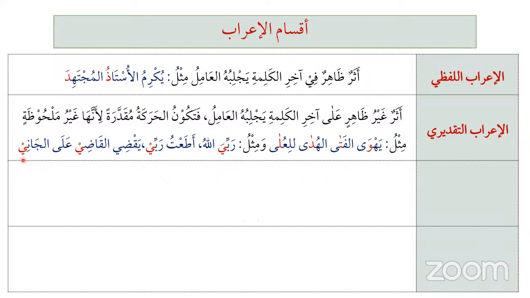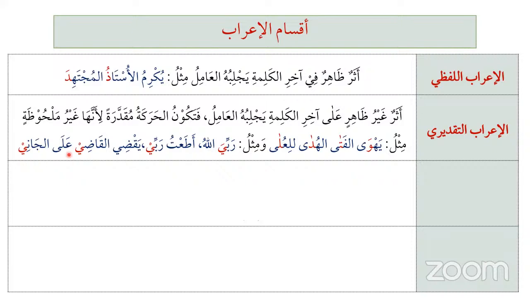Now al-jani, this word, was al-jani with a kasra under the ya. Ismul manqus we will learn later on. In the state of raf and jar, the i'rab will be hidden.